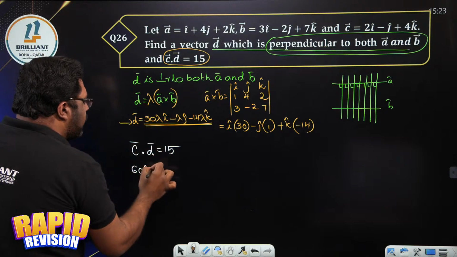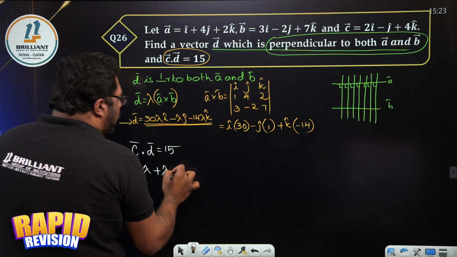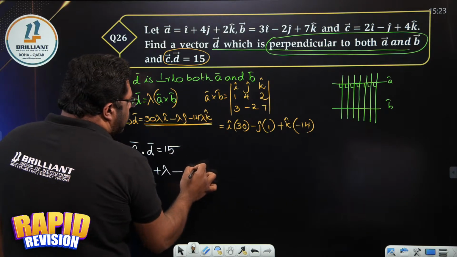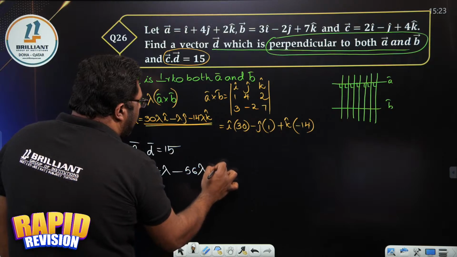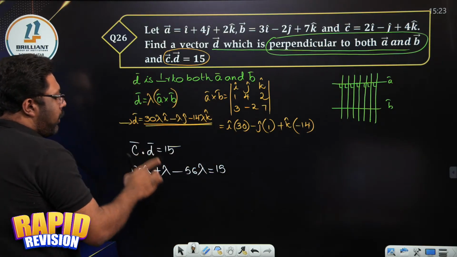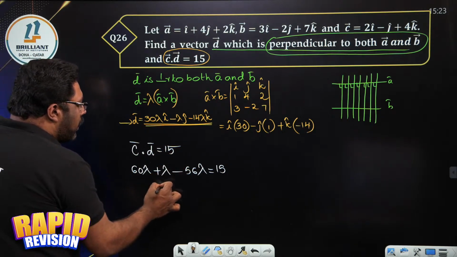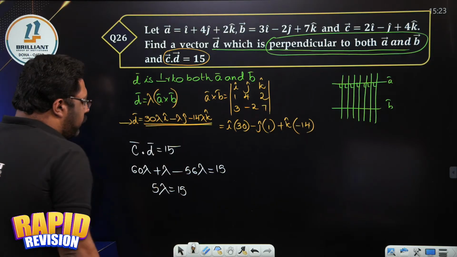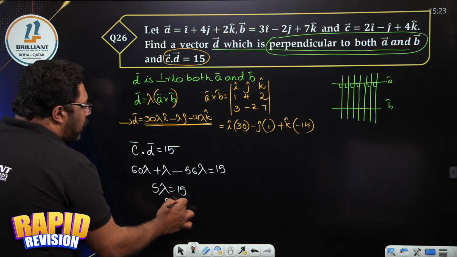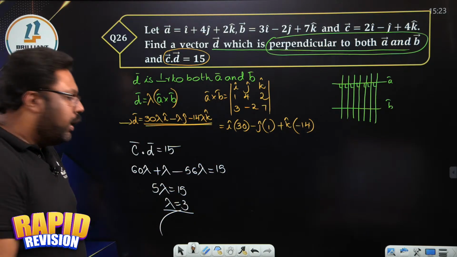Minus 1 into minus lambda, plus lambda. 4 into minus 14, so it's minus 56 lambda, equal to 15. 60 plus 1, 61. 61 minus 56, 5 lambda is equal to 15. Lambda equal to 3.